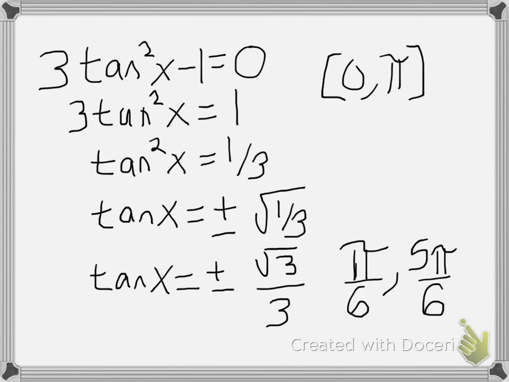That becomes very important when we talk about general forms. Right now these are specific answers. We are coming up with two specific answers for this particular domain, because that's the domain of the tangent. Okay. All right.